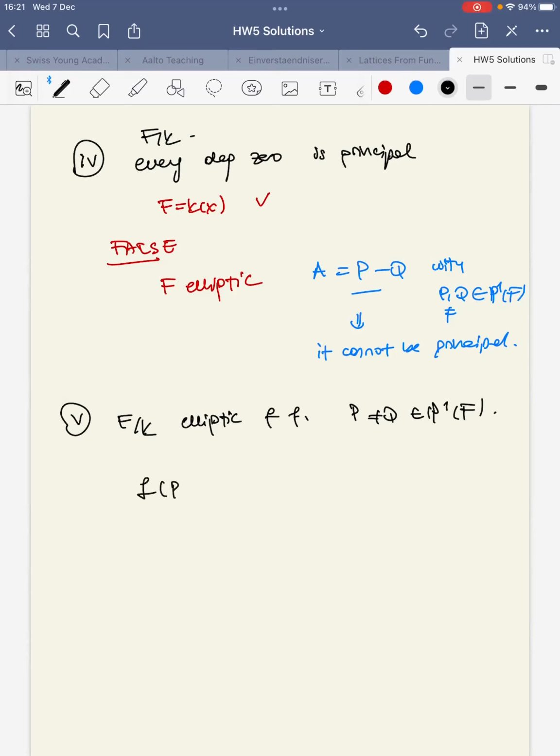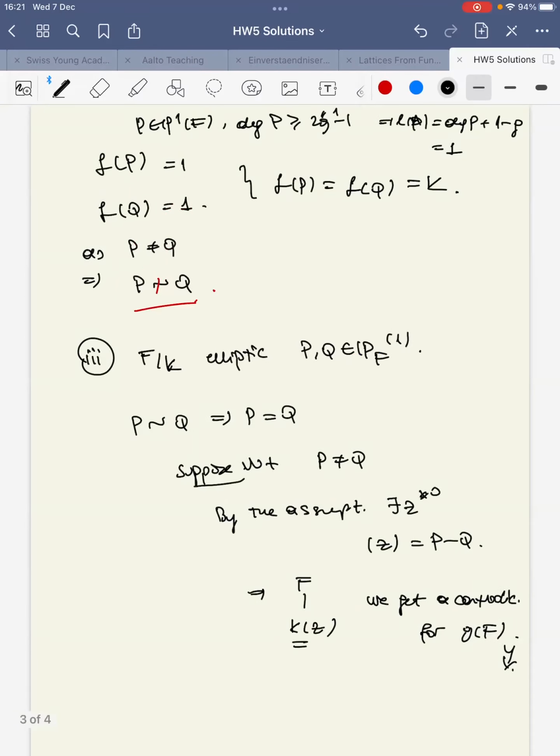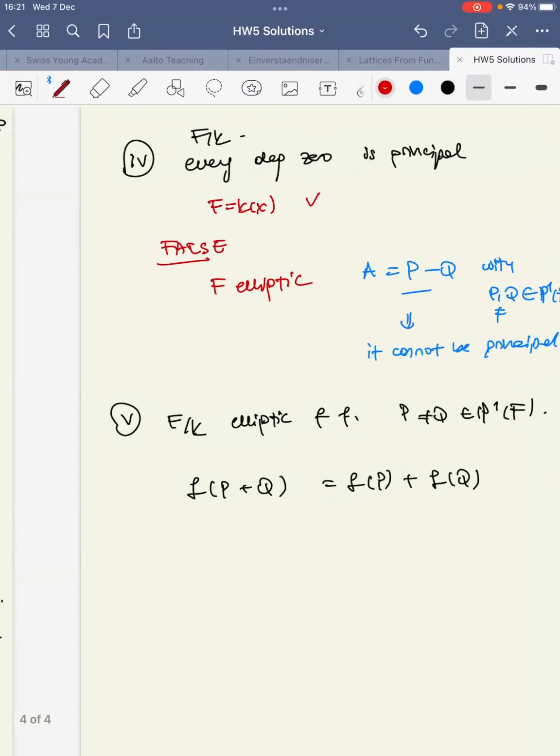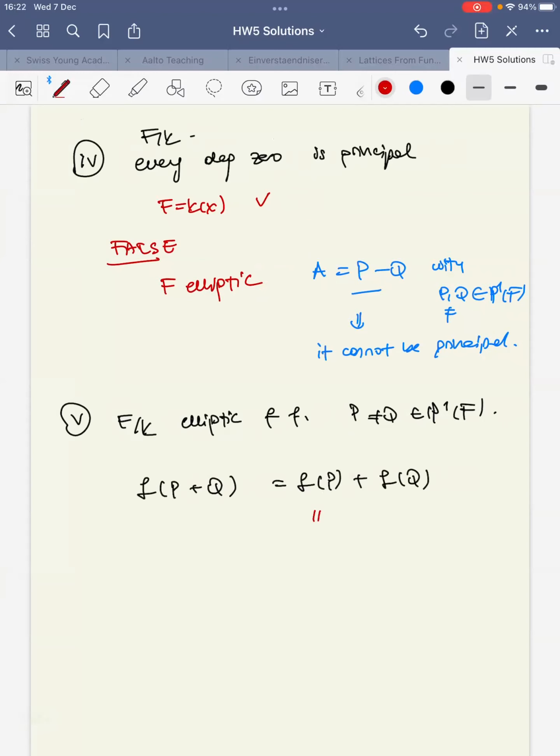The statement tells us the dimension of the Riemann-Roch space of P plus Q is exactly the dimension of P plus the dimension of Q. But as we explained in the second statement, for the rational places, we know that they are exactly K. And this is the vector space sum, so the left-hand side should be K.